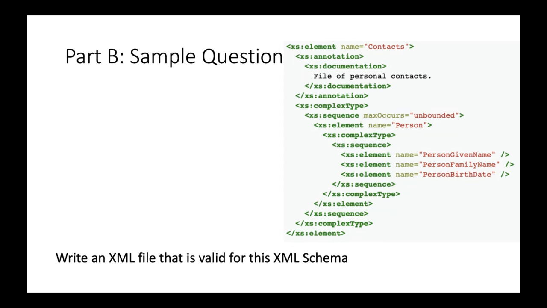So ignore the annotation because that's just for commenting, and just focus on the complex type here, which is the same as the DTD. The answer will be similar, right? So you have person, then you write a person, a given name, person, family name, and then person. It's just straightforward.